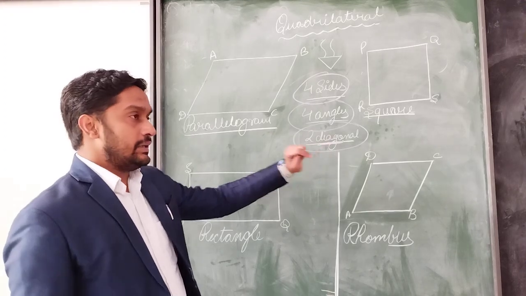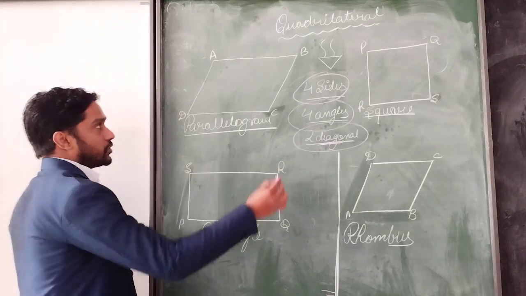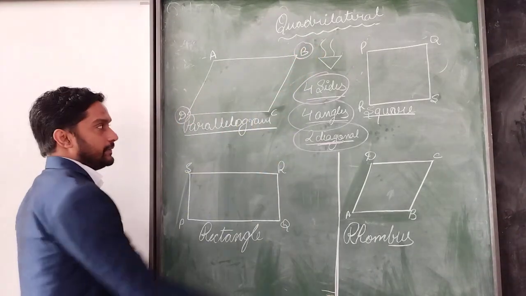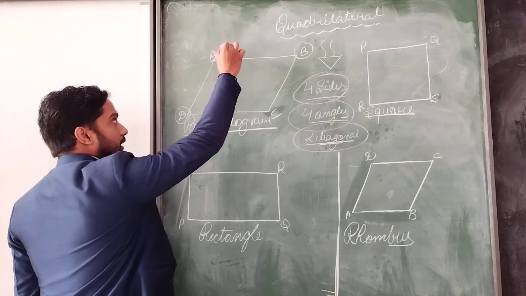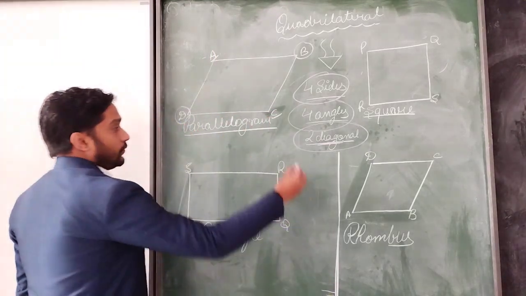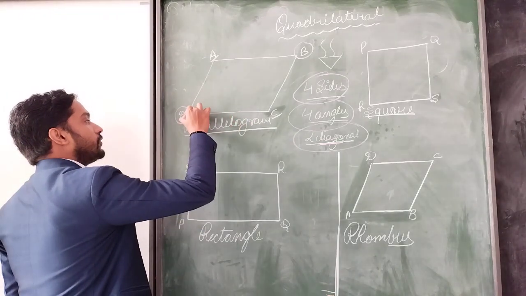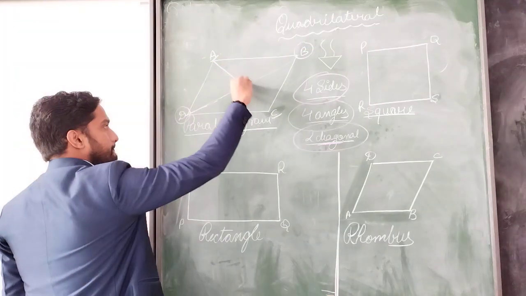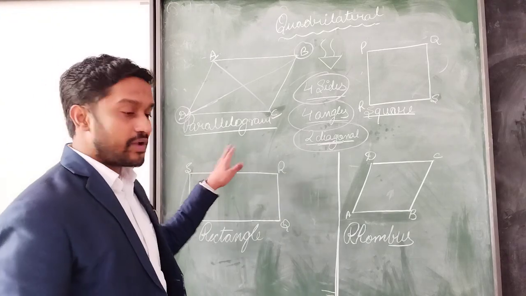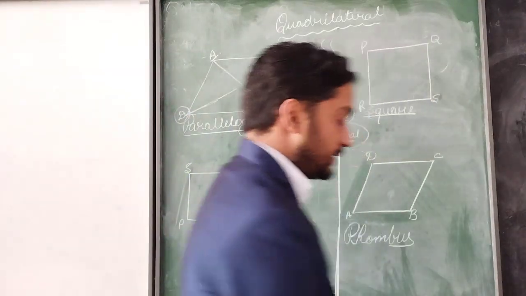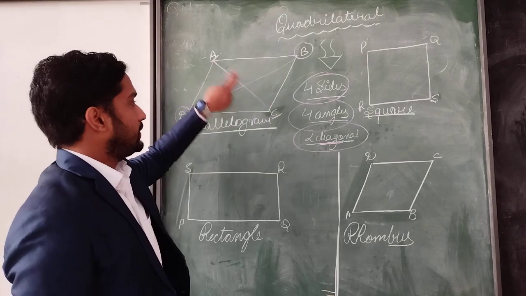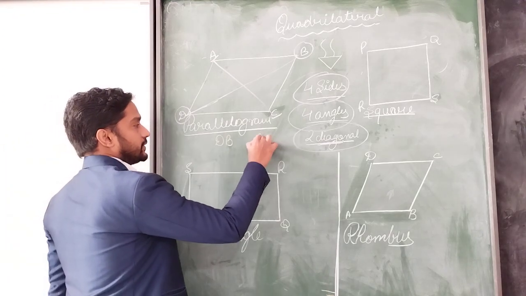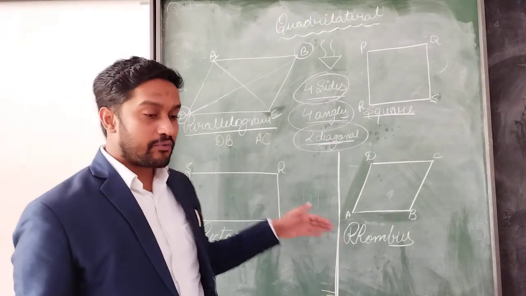Non-consecutive vertices, like D is non-consecutive to B, and C is non-consecutive to A. When non-consecutive vertices are joined by a line segment, it is known as a diagonal. So in a parallelogram we have two diagonals, DB and AC. All these four figures are quadrilaterals.